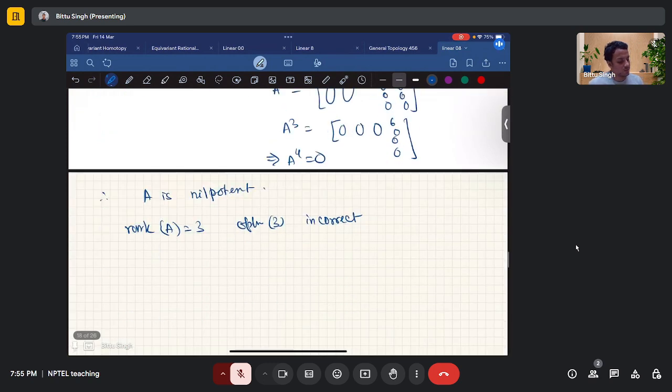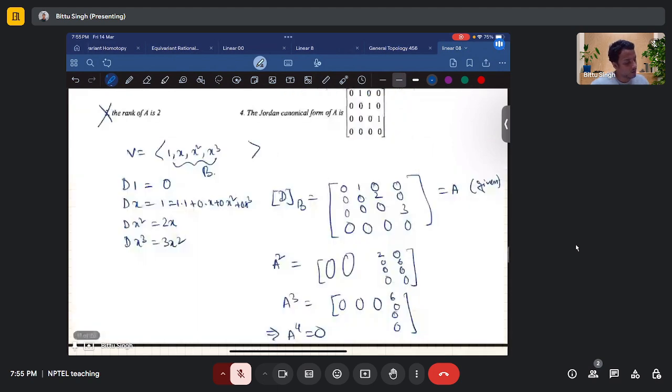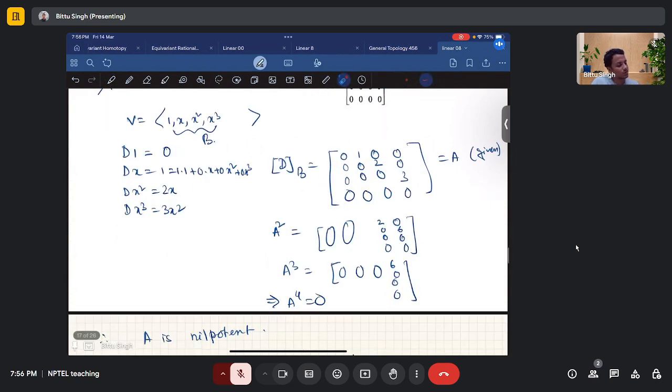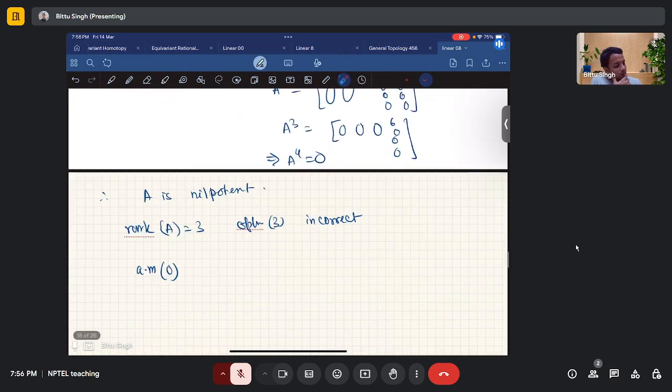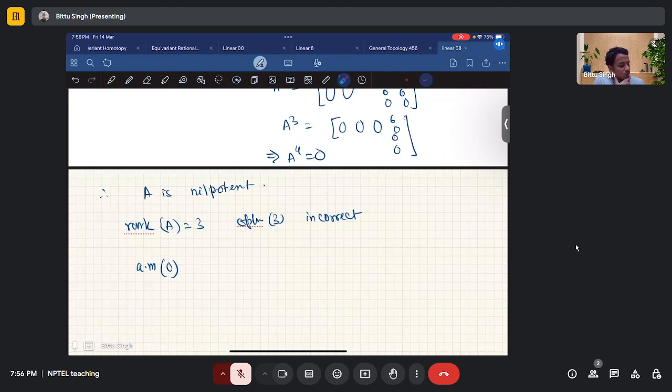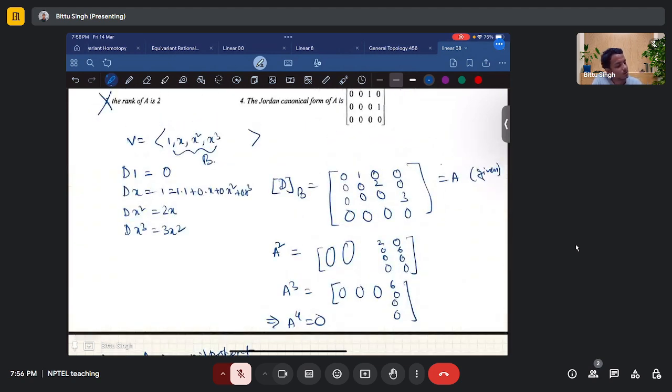Now, is A a diagonalizable matrix or not? We can see the algebraic multiplicity of 0. This is an upper triangular matrix, therefore 0 is the only eigenvalue, and it appears 4 times in the upper triangular matrix. So the characteristic polynomial is x to the power 4, and the algebraic multiplicity of 0 is 4. But we can see the geometric multiplicity of 0. What is the nullity of this matrix?